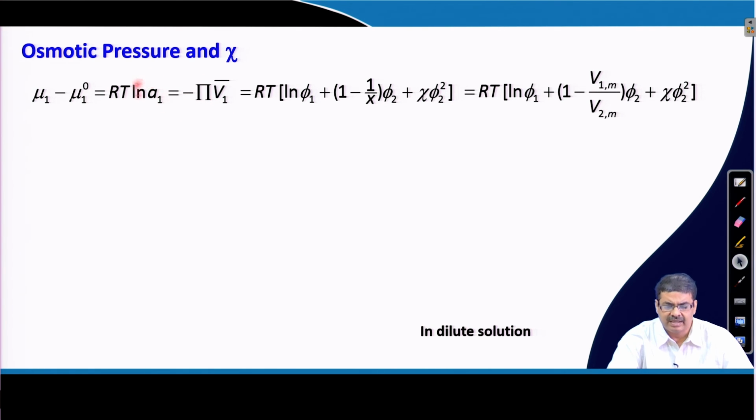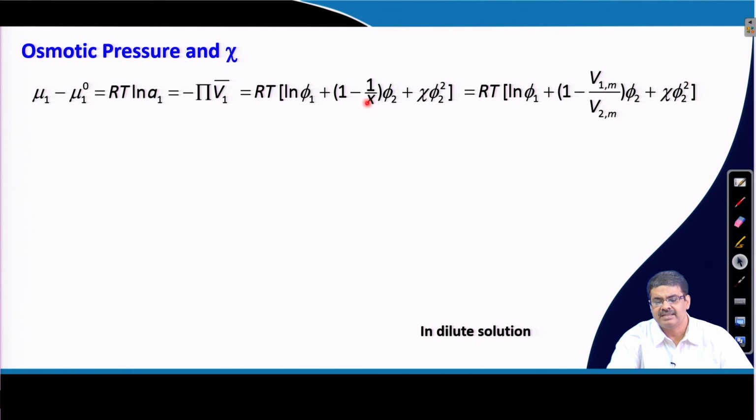Now, we know this term can be expressed as pi times the partial molar volume of the solvent, where pi is the osmotic pressure. This is obtained from our physical chemistry knowledge which we learned in first year chemistry. So, this is the expression, and we can again write the Flory-Huggins theory and rearrange.